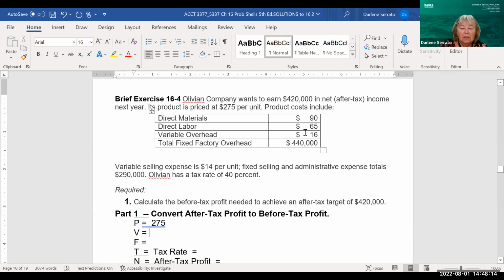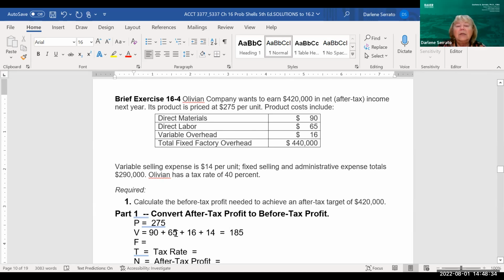V is 90 plus 65 plus 16 plus 14, which gives us 185.